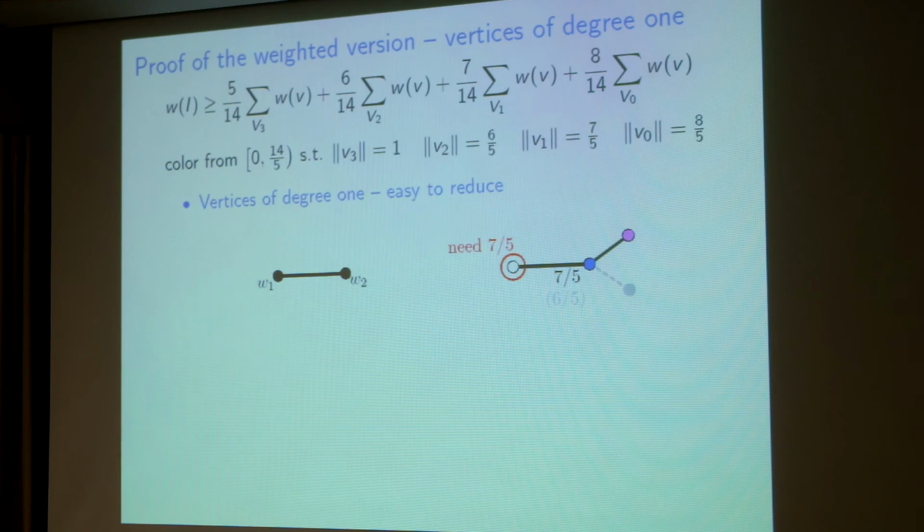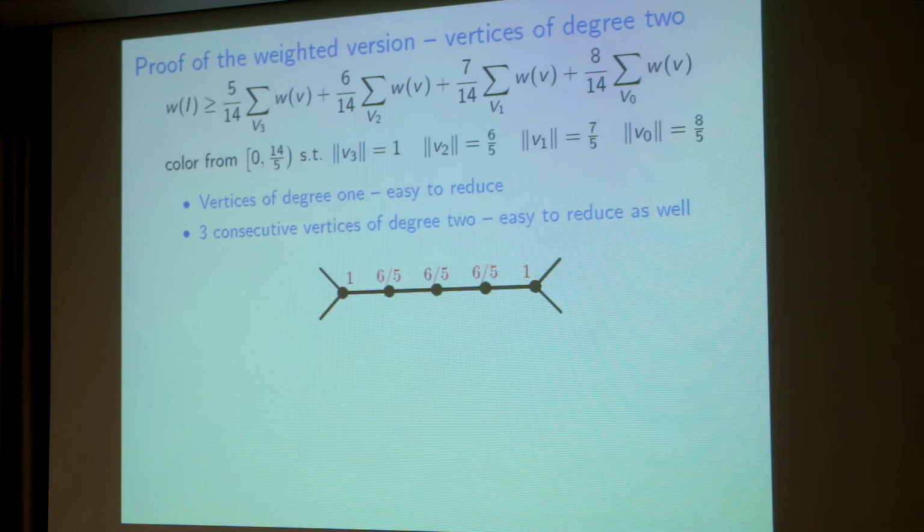So this is not so enlightening as a statement, but I just wanted to set up my mind on what arguments I might be using for vertices of degree 2. So let me now move to vertices of degree 2.